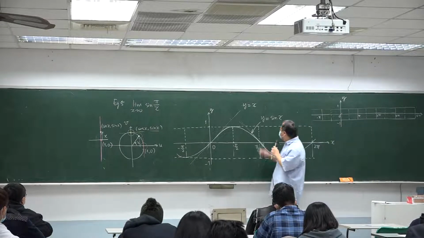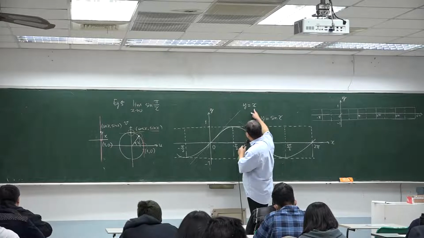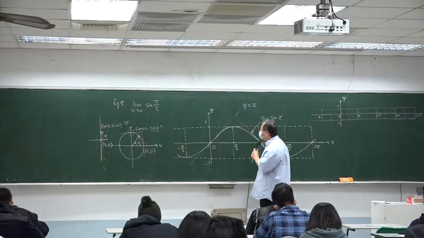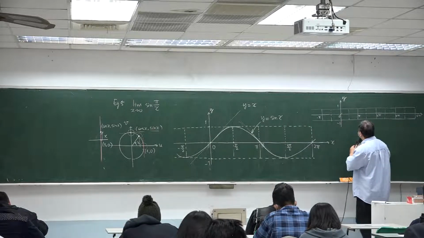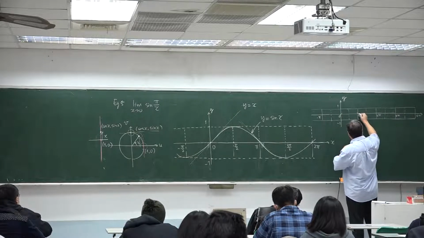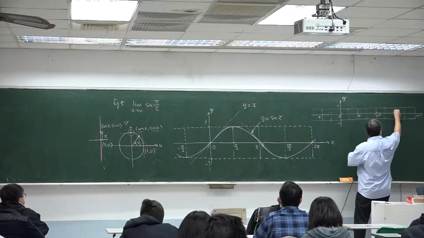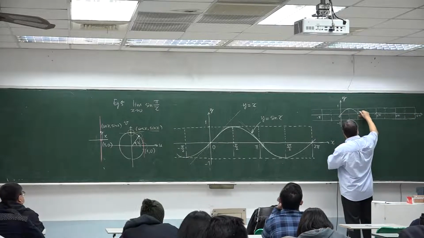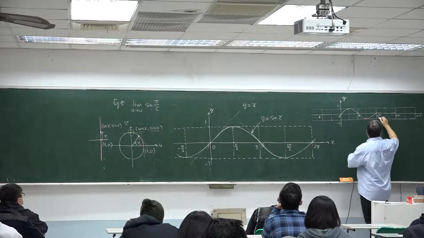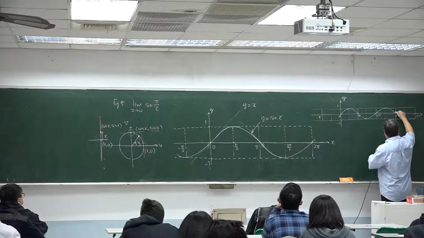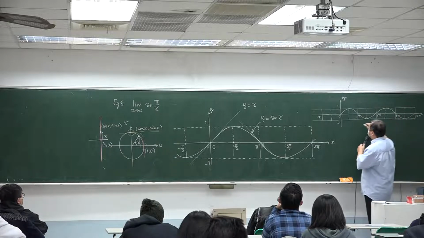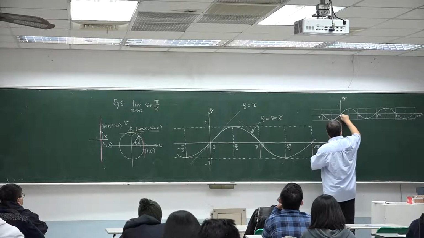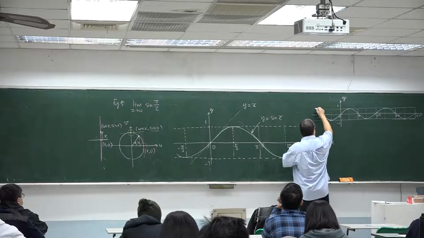When x is small, sine x is almost x, so this linear function stands for the tangent line to the curve at this position. The slopes are 1, 0, minus 1, 0, plus 1, 0, minus 1, 0, plus 1, periodically, and so on.